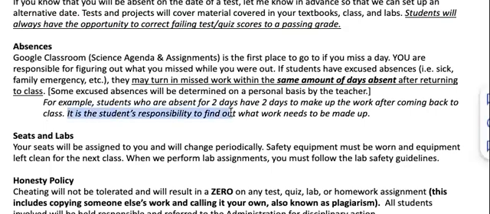It's the student's responsibility to find out what kind of work needs to be made up. And again, if a life situation is happening, just make sure that you let me know what's going on so that we can figure out what to do in terms of your work.